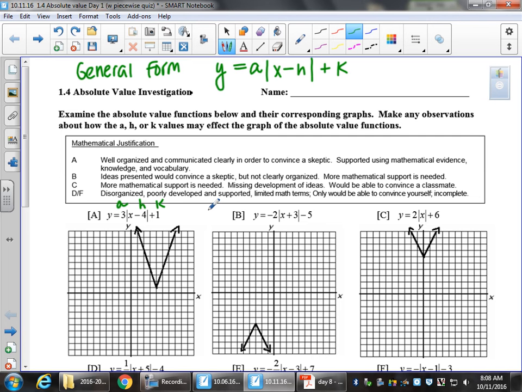Okay, let's see if we can formalize some of your thinking. Give me an idea. Who's got a thought? What can I write down in general?